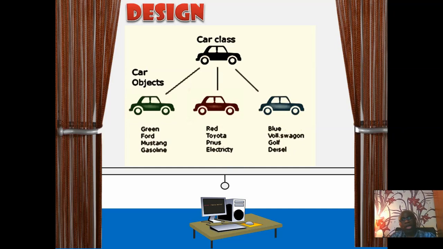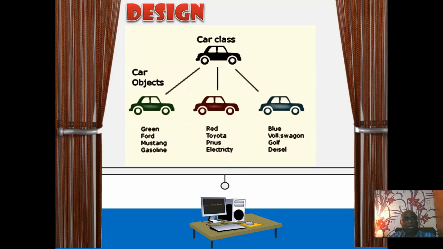Now, when we talk about a method, it is basically the action produced by the object. For instance, these cars can move, so that's a method. The cars can accelerate, that is a method.